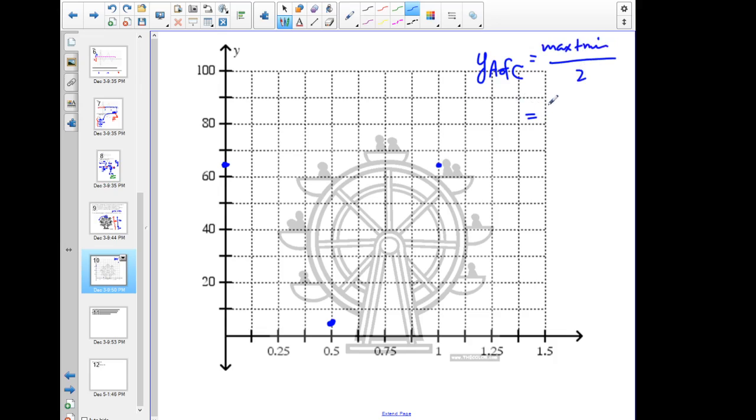So the maximum in this case is 65 plus the minimum, which is 5, divided by 2. That's 70 divided by 2, or 35. So that means that at 1/4 of a minute, or 15 seconds, we're going to be at 35, halfway between 30 and 40. And at 3/4 of a minute, we're going to be halfway between 30 and 40.